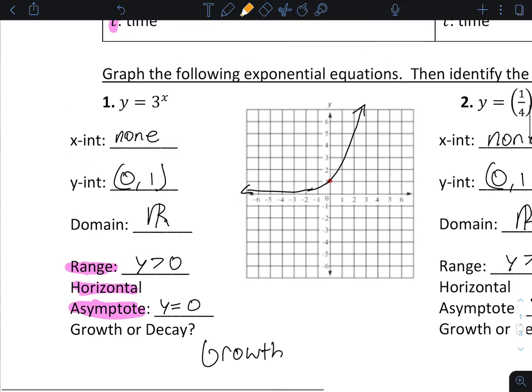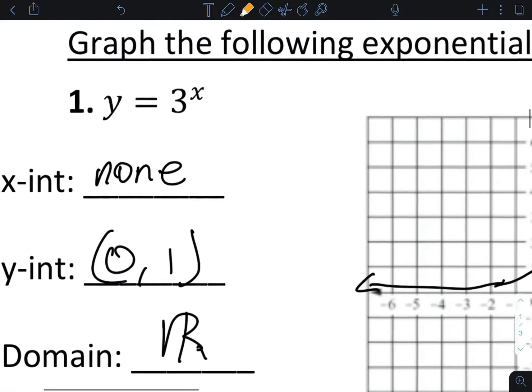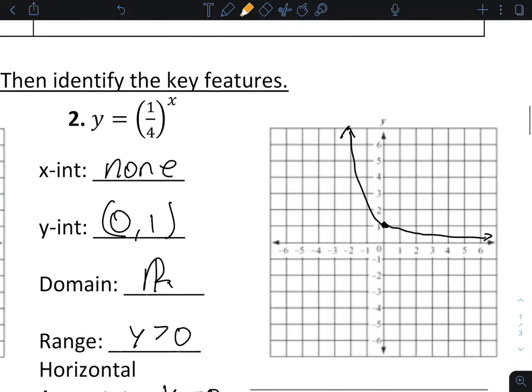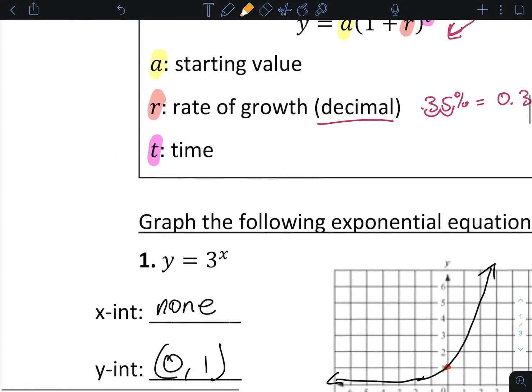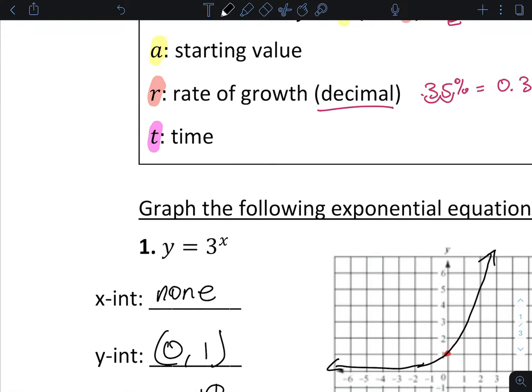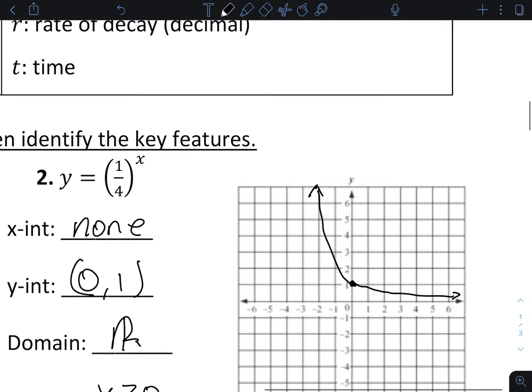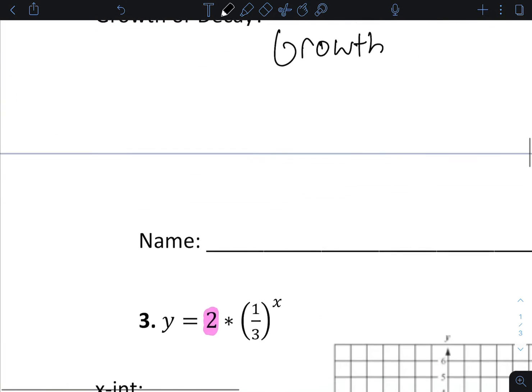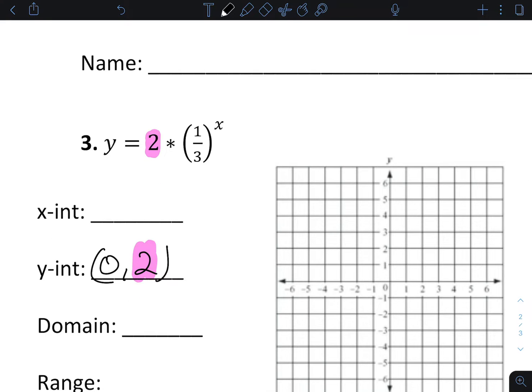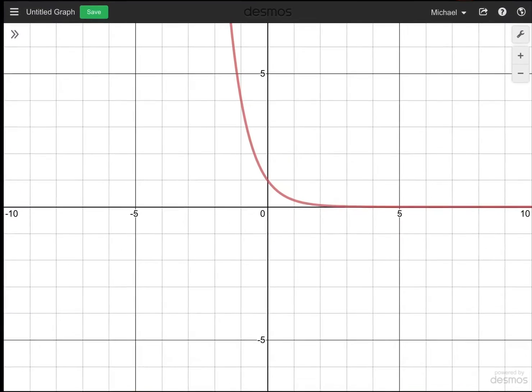Notice up here, my y-intercept was not a 3. It was a 1. And it was not a 1/4. It was a 1. Technically, there is a 1 times 3 right there, and a 1 times 1/4. So here, the 2 was there, so I knew that that 2 was my y-intercept.